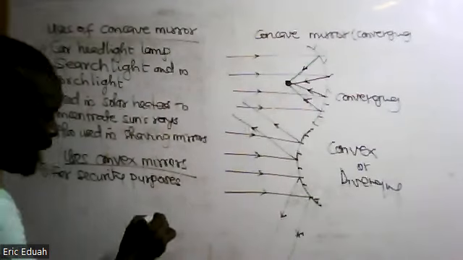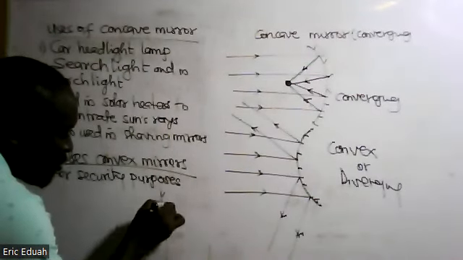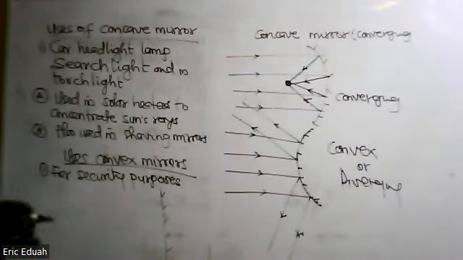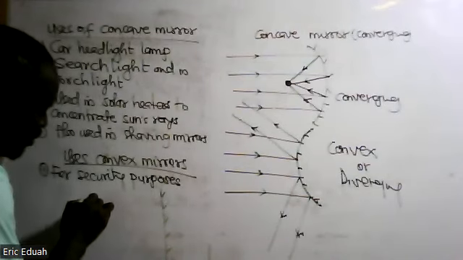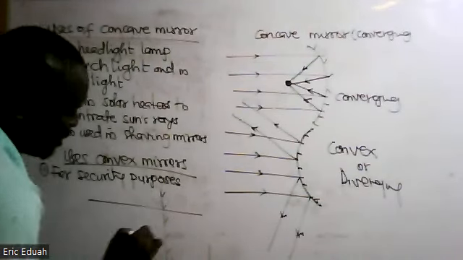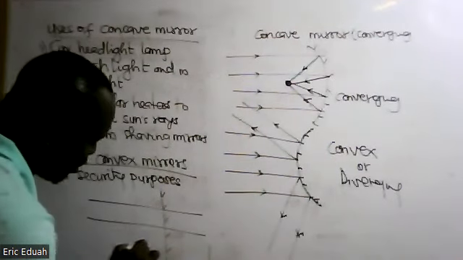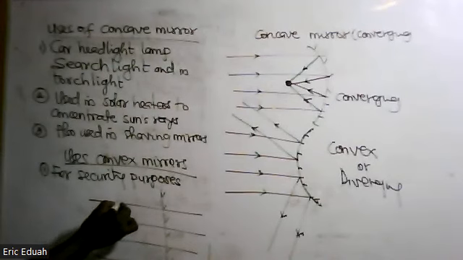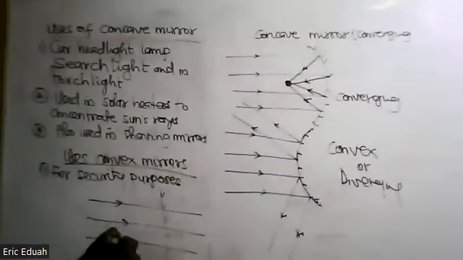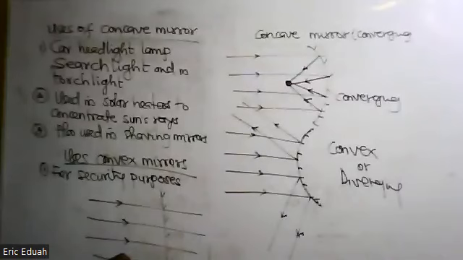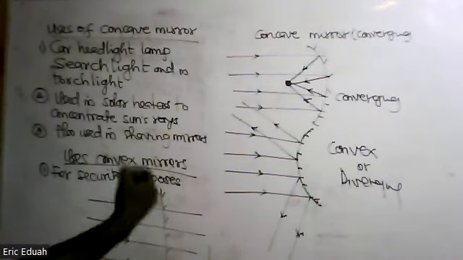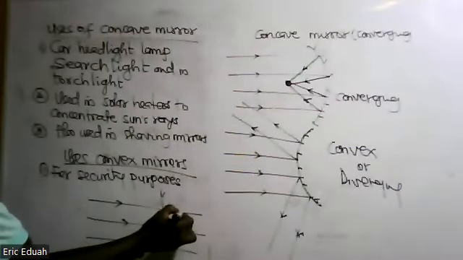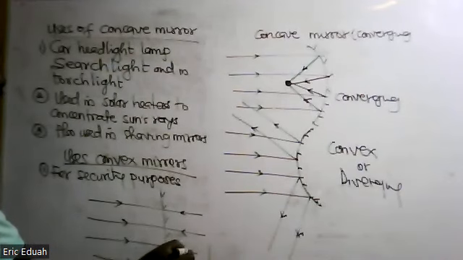Now for plane mirrors, whenever parallel rays hit plane mirrors, they are not diverged. For plane mirrors, when you have rays perpendicular or parallel to them, they are reflected along the same path.